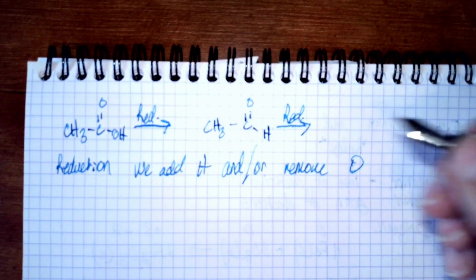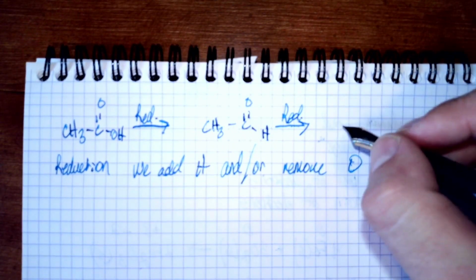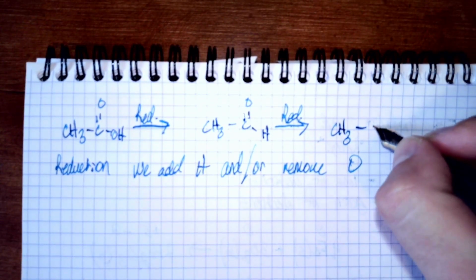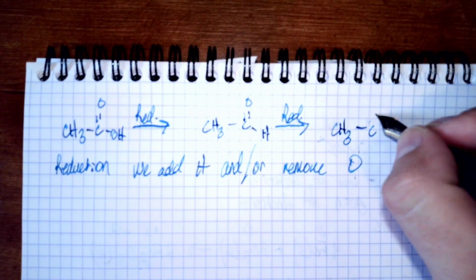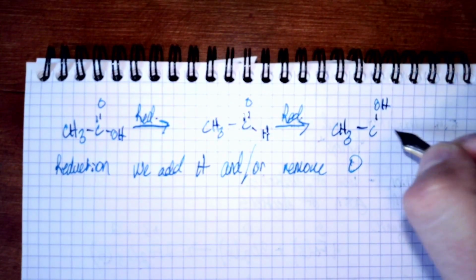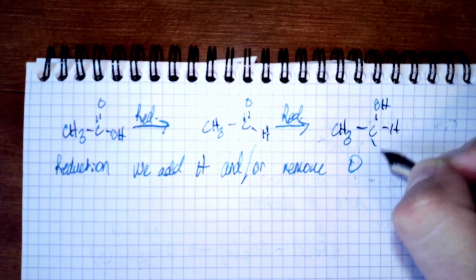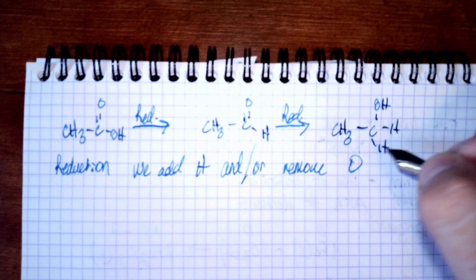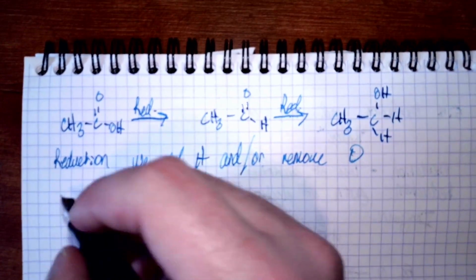Let's reduce it again. We could do this one with something like sodium borohydride, lithium aluminum hydride, something like that. All right, what have we done there? We've added hydrogen.